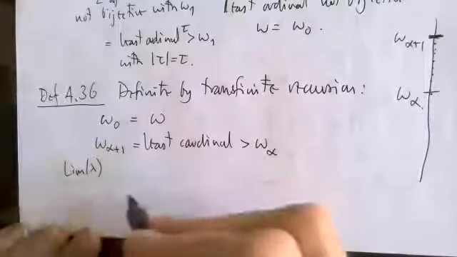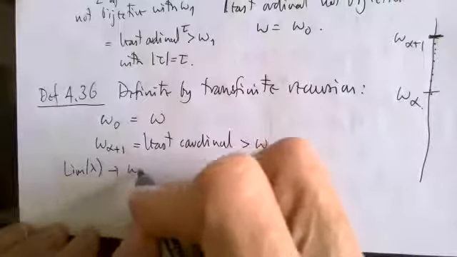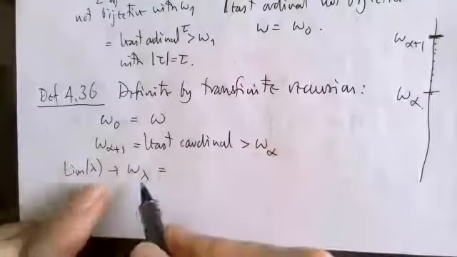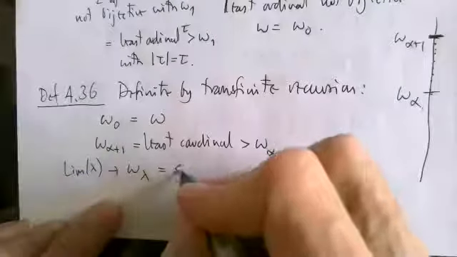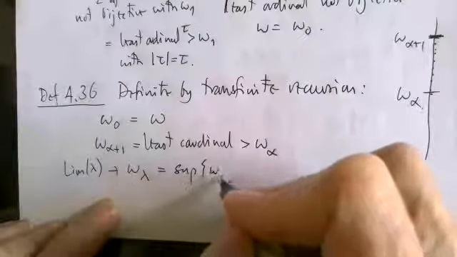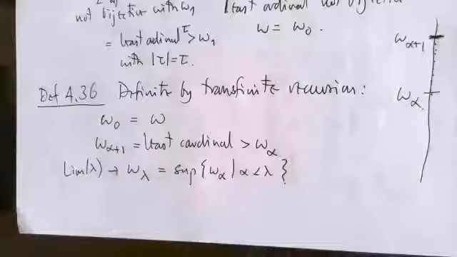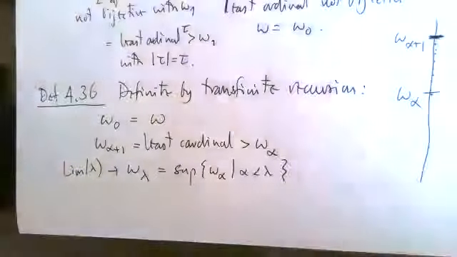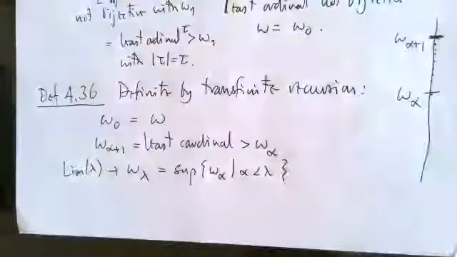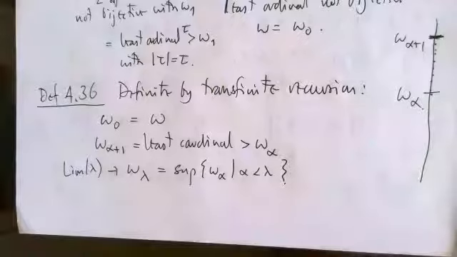And at limit stages in this recursion, like when lambda was omega, we just say this is the supremum of the previous ones. Any questions about this picture?